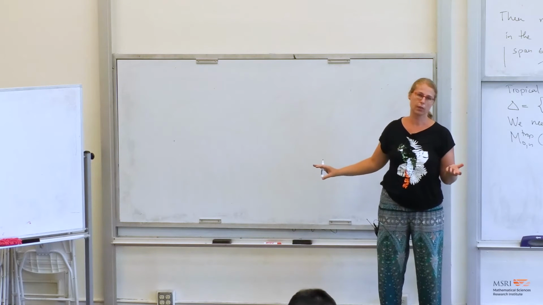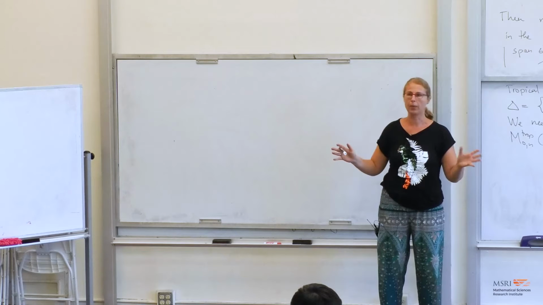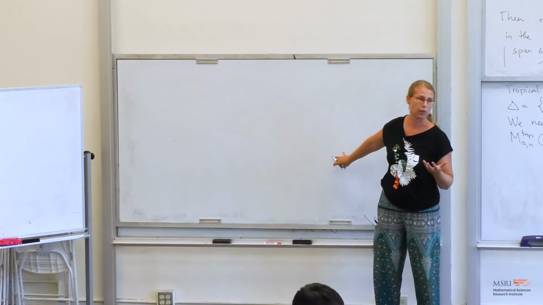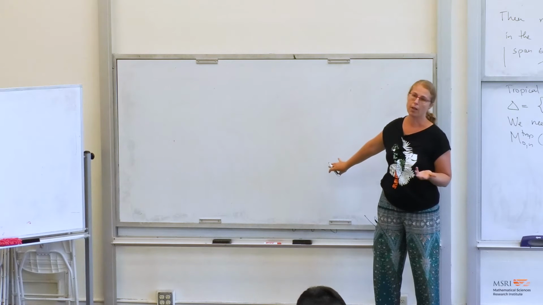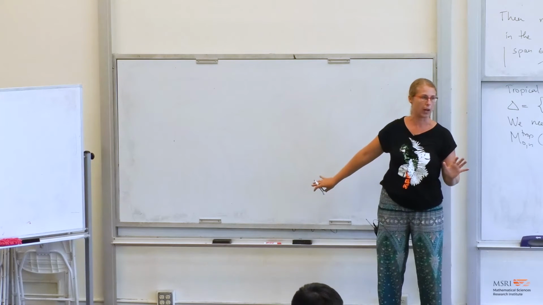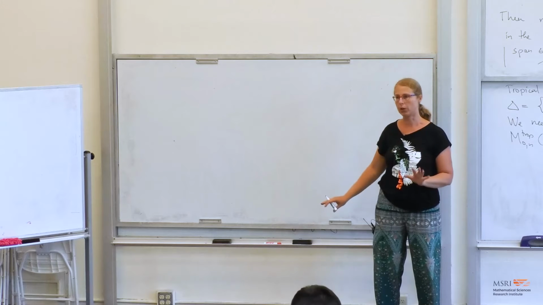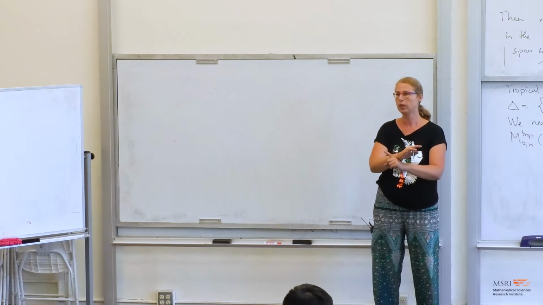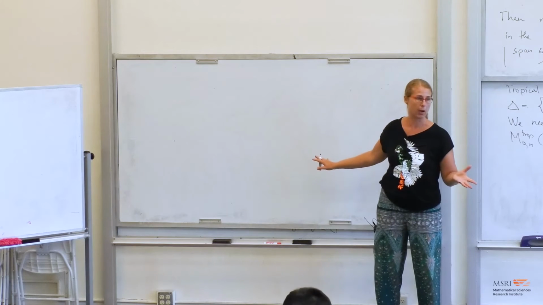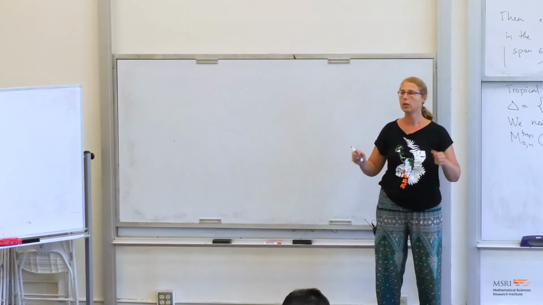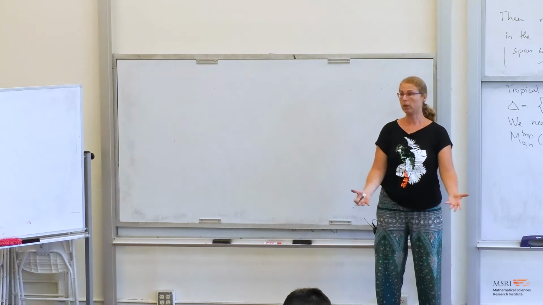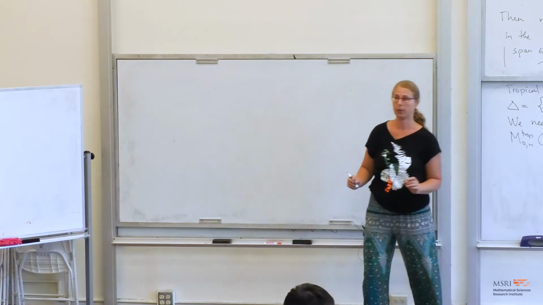Since I only have a blackboard, I'm going to draw my picture with vertices and edges as if it was a planar graph. But please remember, it's not a planar graph. So intersections of edges don't have anything to say. They just happen because I need to draw the picture somehow. Think of this as what you would see if you could honestly watch on a unit sphere in R^5, okay?